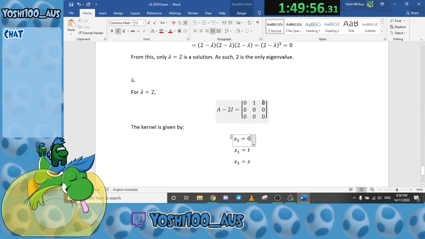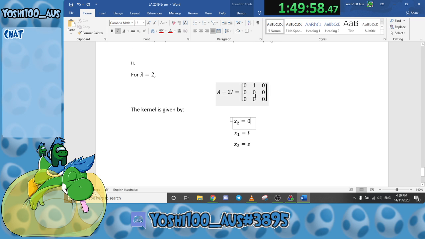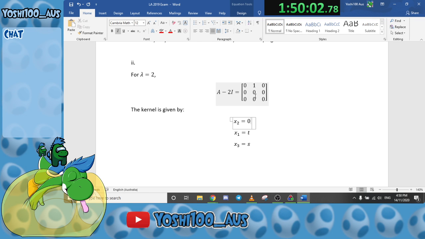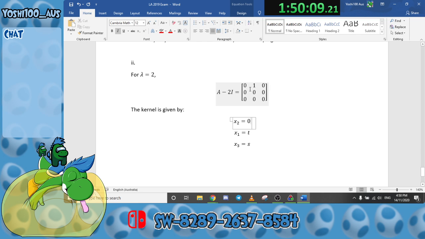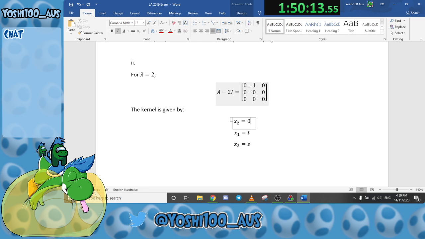No, this is not right. Hold on. So, eigenvectors are found by finding the kernel of this, right? And so that means you get 0x1 plus 2x1, oh, 1x1 plus 0x3, right?